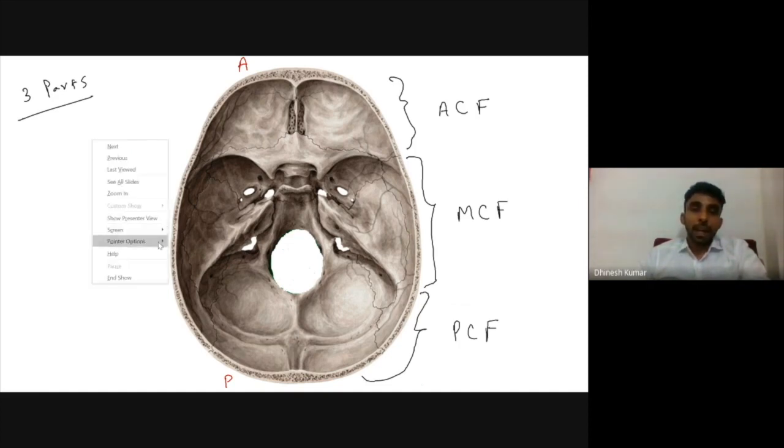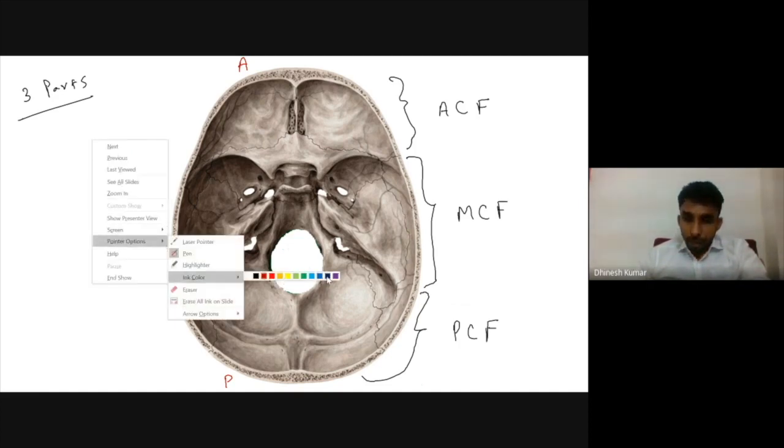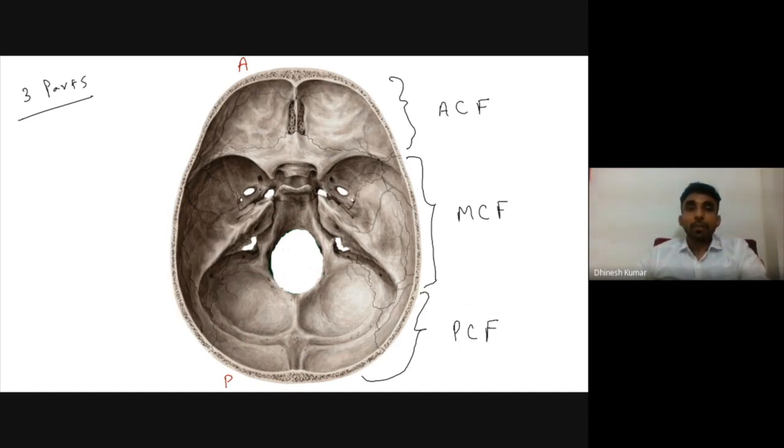Okay. Can you tell me how the anterior cranial fossa and the middle cranial fossa both are separated from each other? Anybody? Yes. This is the lesser wing of sphenoid bone. Exactly, it is the posterior border of the lesser wing of sphenoid.